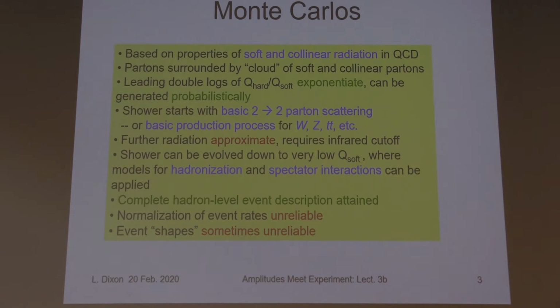Well, it's based on the fact that there is this universal behavior in the collinear and soft limits, and it's an attempt to iterate that behavior probabilistically. It at least iterates certain double logarithms that include both the collinear and the soft behavior. There is a certain amount of debate over how much more you get than that, and attempts to improve this accuracy.